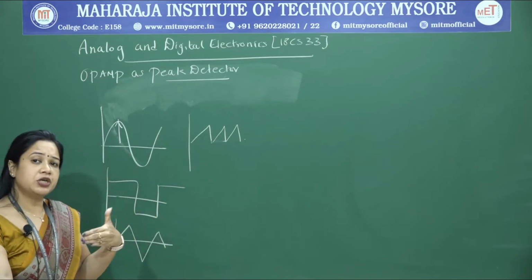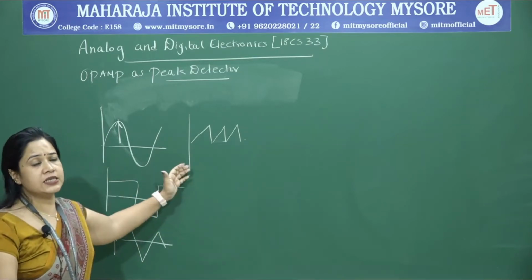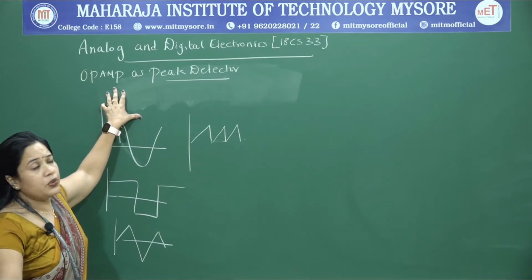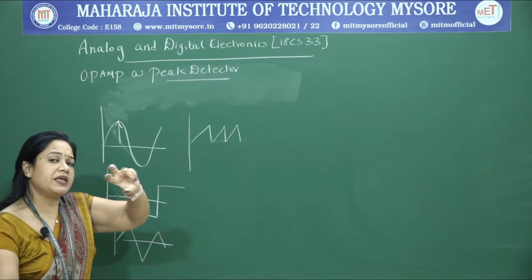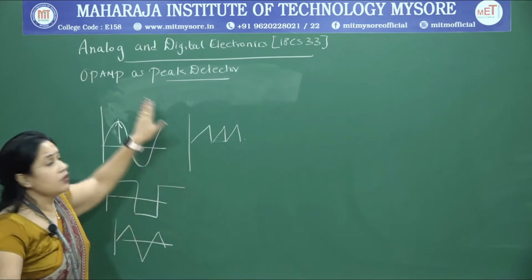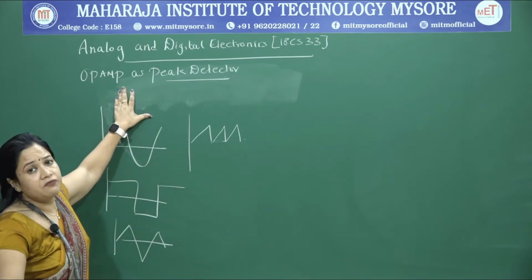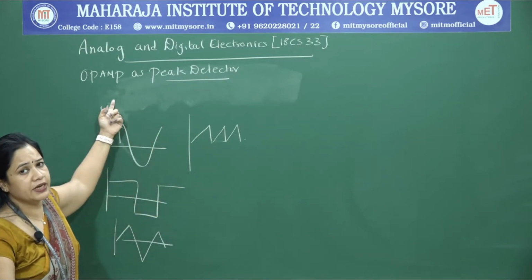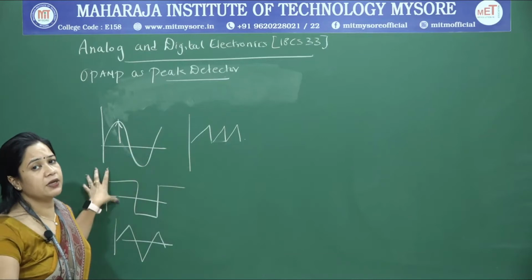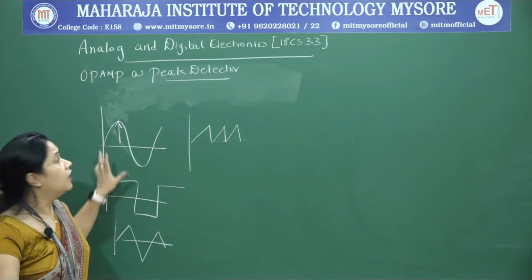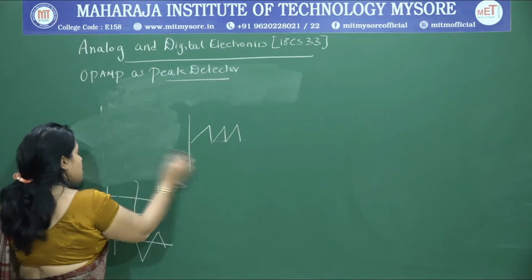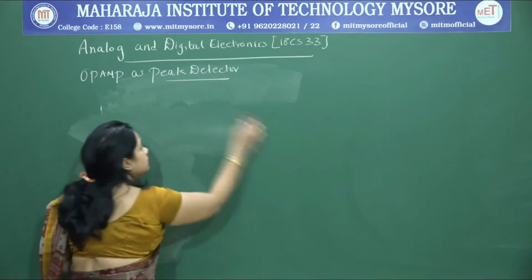So in order to measure the peak value of other AC signals, we have what is called a peak detector. We will first introduce a very basic peak detector using op-amp, and then we will use a modified version of the peak detector and see what enhancement has been done to the basic circuit.